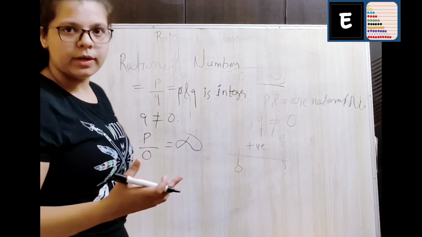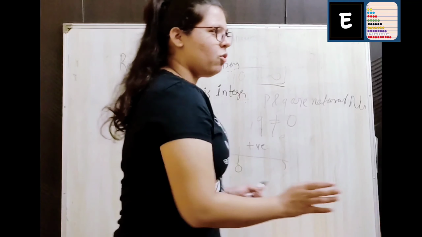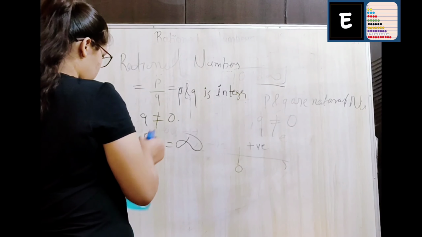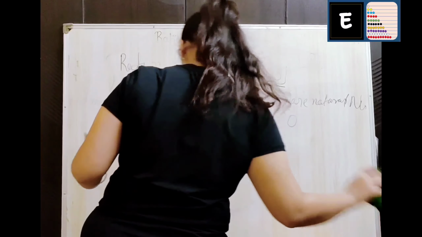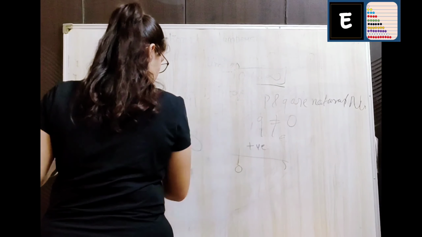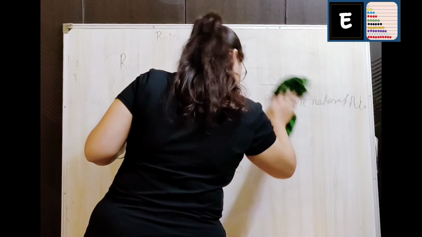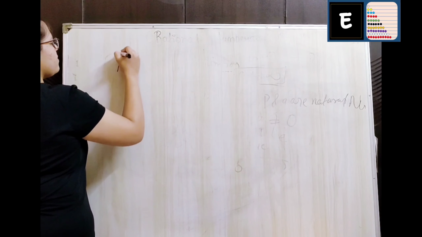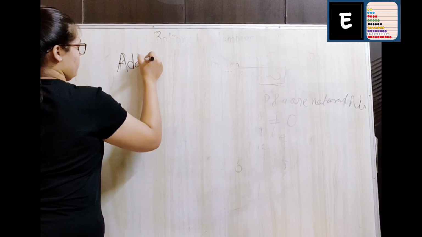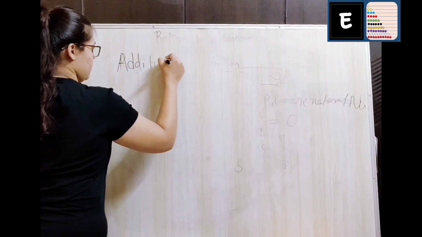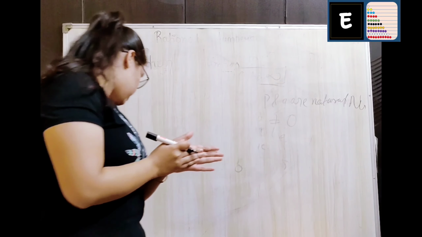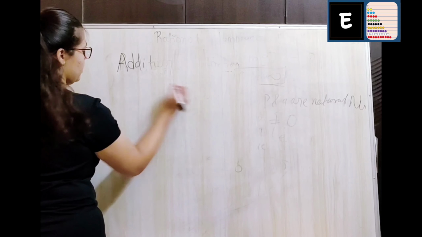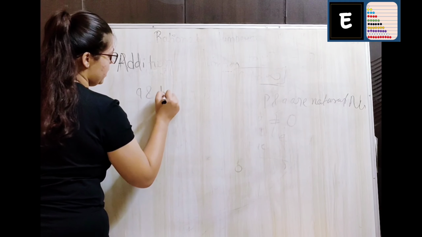Now we have some properties of rational numbers, for addition, subtraction and multiplication. First, the properties for addition. Our first property is the commutative property.